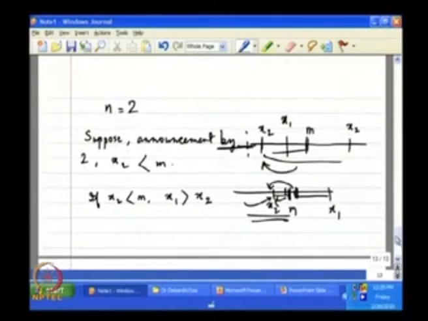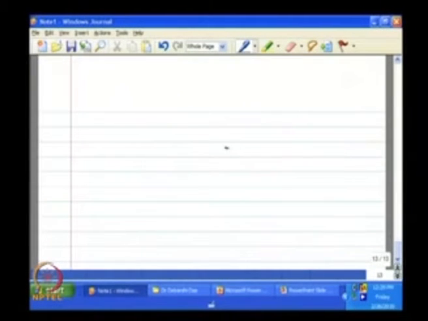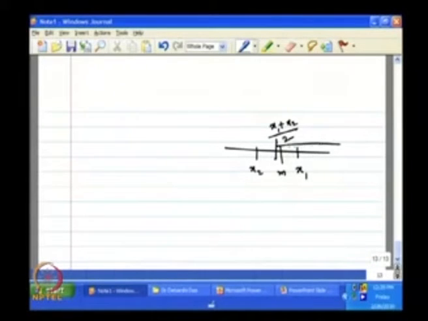So, if I had to draw this in a more clearer diagram, if M is here, x2 is here, then x1 should be here such that (x1 plus x2) divided by 2 is less than M. If it is less than M, then candidate 1 is getting all these votes, which is greater than half.